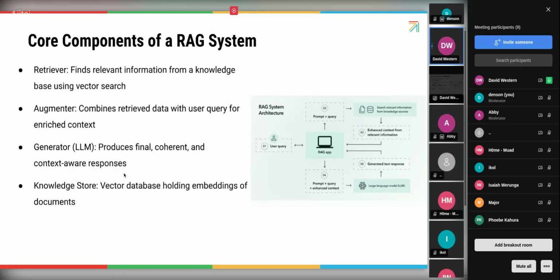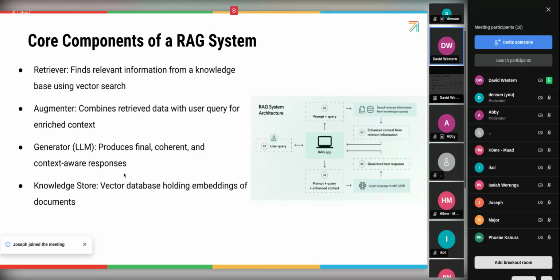With that context, the augmenter takes the documents, combines them with the user query, and enriches it. Then it passes that information to the generator, which produces the final coherent, context-aware responses. Then this information is stored within a vector database.